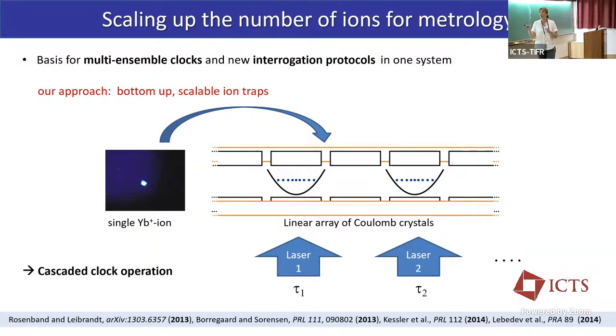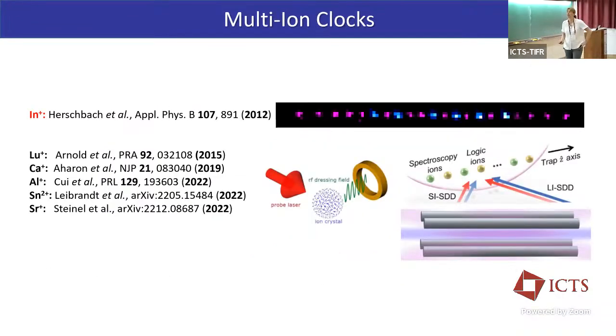Because if you measure the phase of a laser, it's a phase measurement and not a frequency measurement. If you look into the Allan deviation business, then you see it's 1/tau. So this cascaded clock operation is very powerful to extend the coherence time to up to seconds. And this type of ion trap you can do in one tiny experiment and even make it portable.